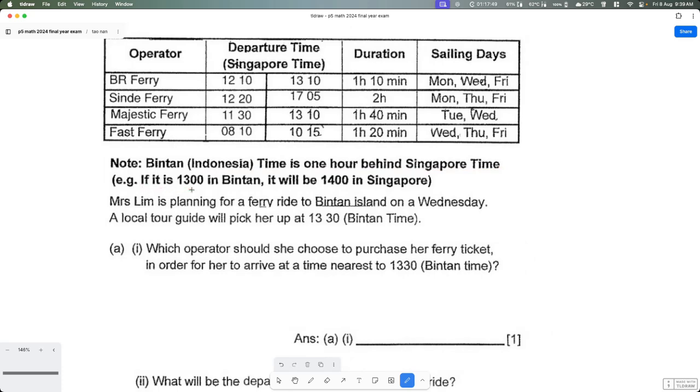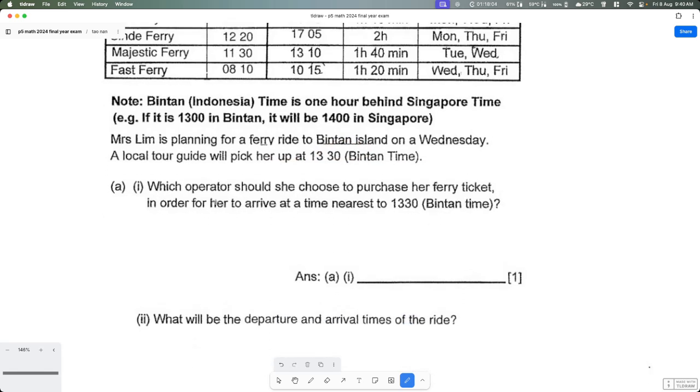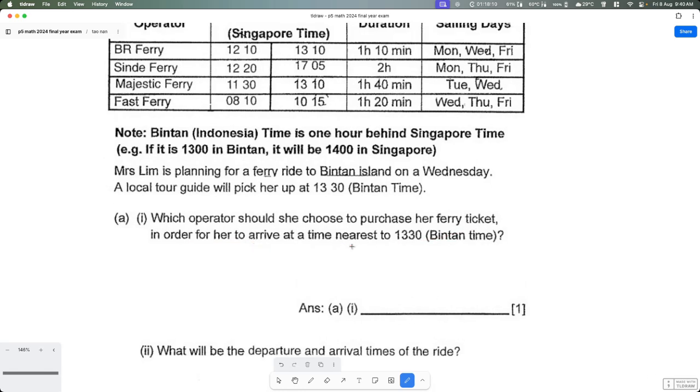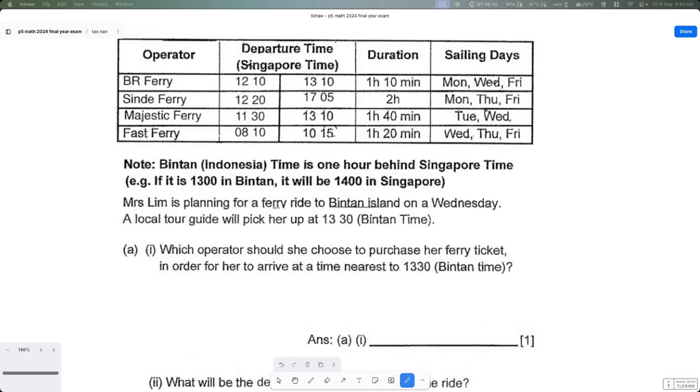So if it's 1 p.m. in Bintan, it will be 2 p.m. in Singapore. Mrs. Lim is planning a ferry ride to Bintan on a Wednesday. A local tour guide will pick her up at 1:30 Bintan time. Which operator should she choose to purchase her ferry ticket in order for her to arrive at the time nearest to 1:30 Bintan time?